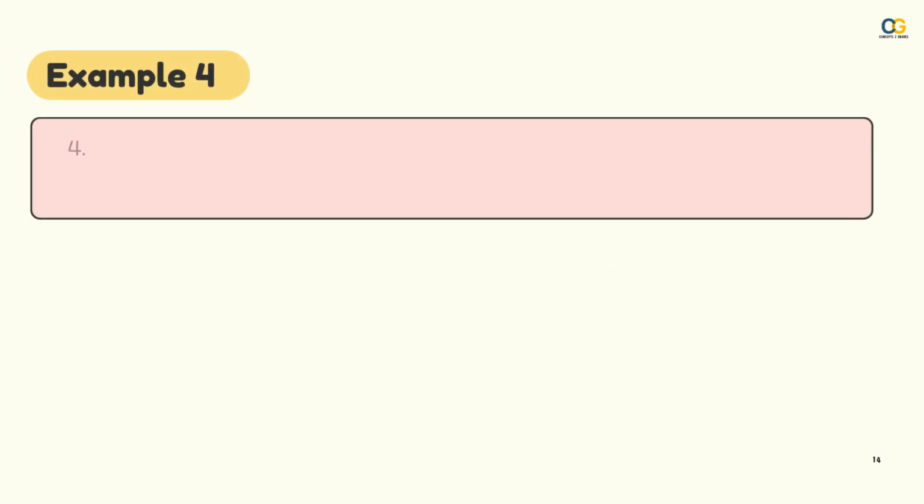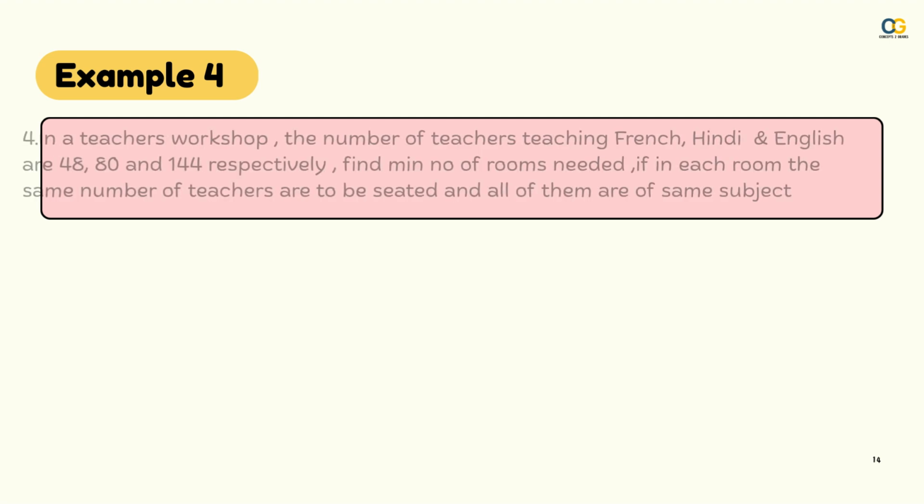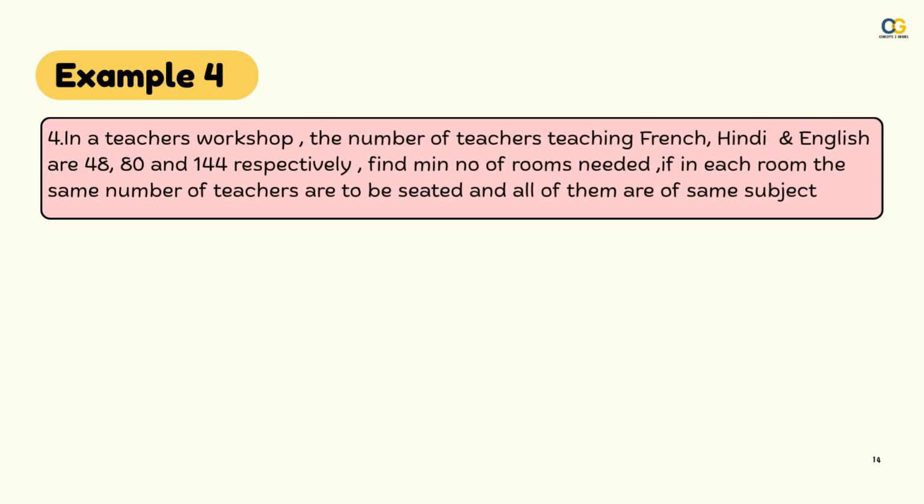Coming on to the next question, which is slightly tricky and might trick you into finding the LCM, but it's actually something else. In a teaching workshop, the number of teachers teaching French, Hindi and English are 48, 80 and 144. Find the minimum number of rooms needed if in each room the same number of teachers are seated and all of them are of the same subject.